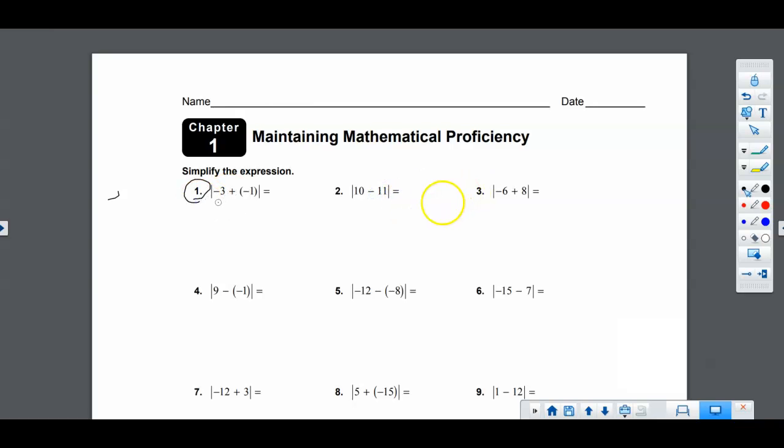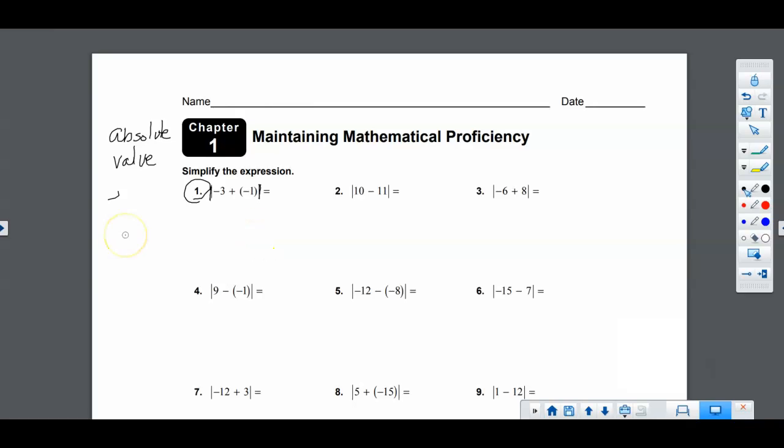The first thing I notice is these lines on the side of my math problem, and those lines mean absolute value. Absolute value is how far away from 0 you are. For example, if you are 200 feet backwards, you're still 200 feet away from 0, and if you're 200 feet forwards, you're still 200 feet away from 0.